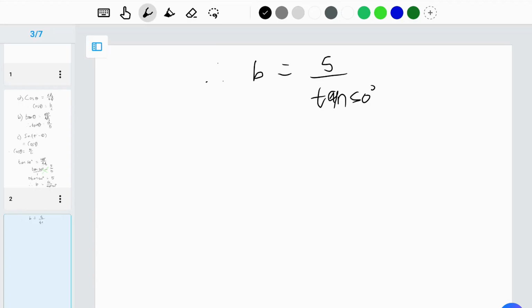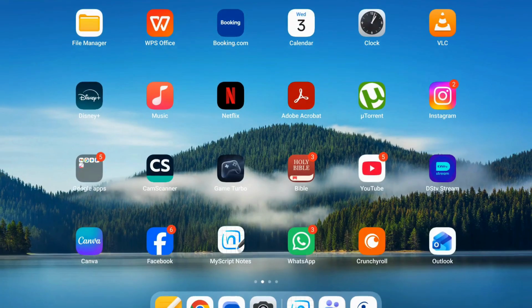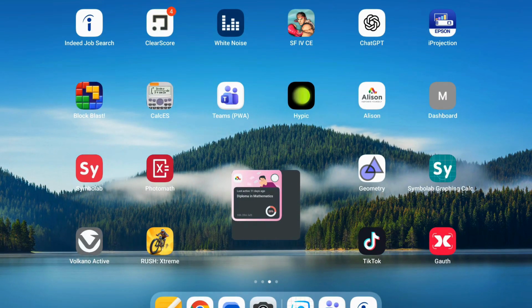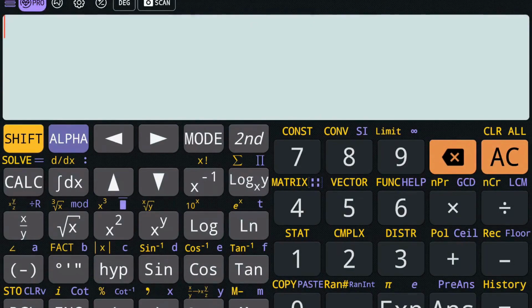So again, remember we said B equals 5 over tan 50 degrees. Let me get my calculator out here. Let's just put our fraction in there.